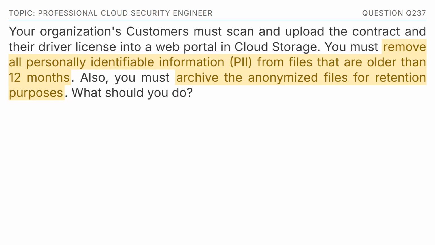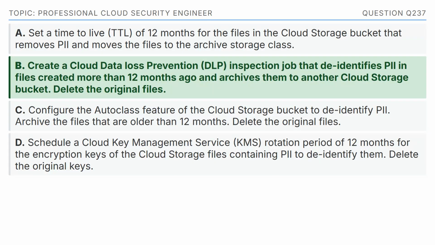To arrive at the correct answer, we focus on the keywords: remove all personally identifiable information, PII, from files that are older than 12 months, archive the anonymized files for retention purposes. The correct answer is option B. Create a Cloud Data Loss Prevention (DLP) inspection job that de-identifies PII in files created more than 12 months ago and archives them to another cloud storage bucket.